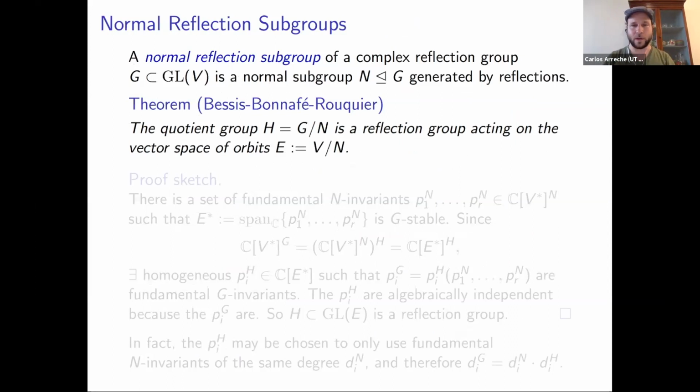Here I would like to briefly comment that when we started working on this project together, we chatted with a few experts, just some early exchange of ideas. To me, this notion of normal reflection subgroup is quite natural, but somehow if you know too much about this subject, it stops feeling quite as natural.